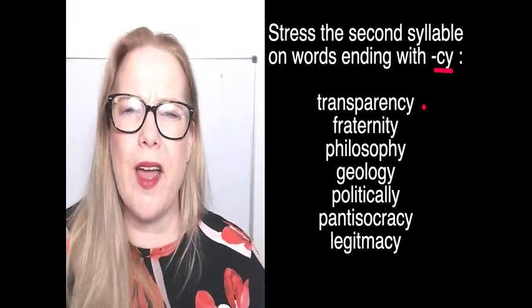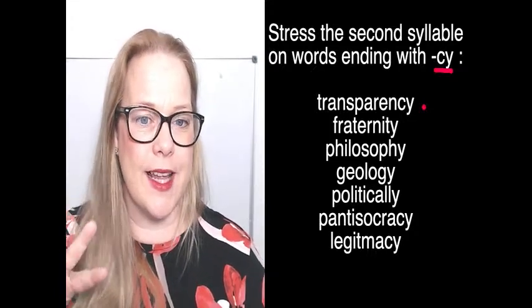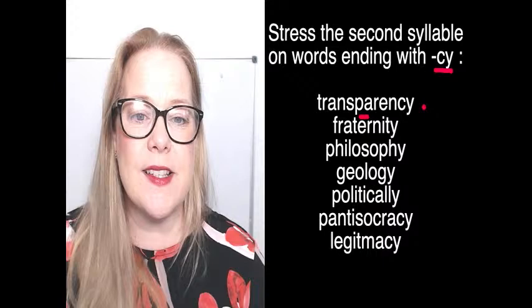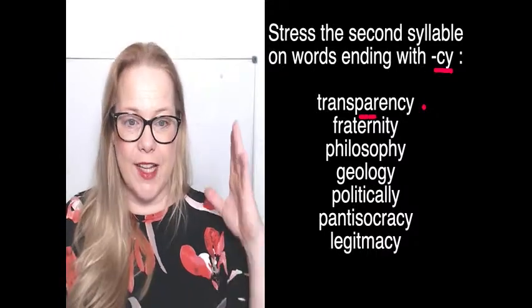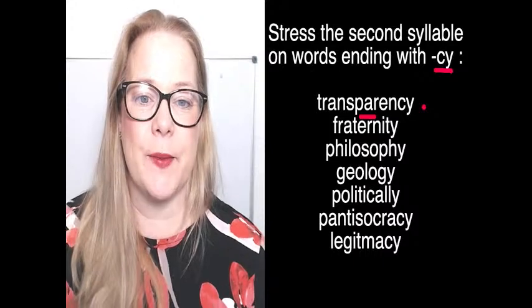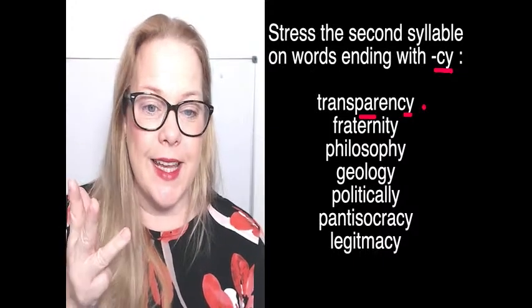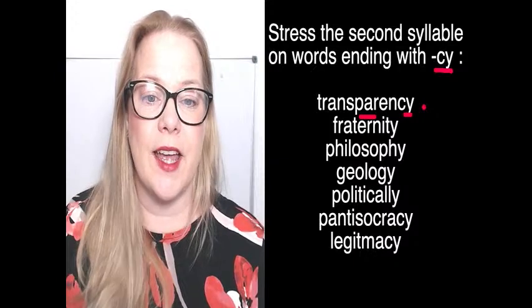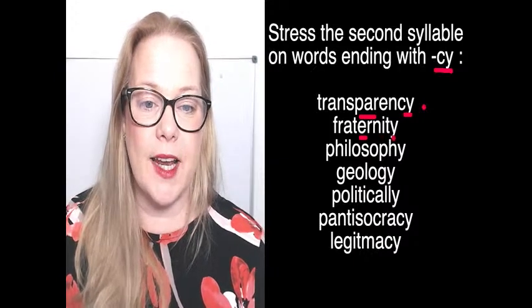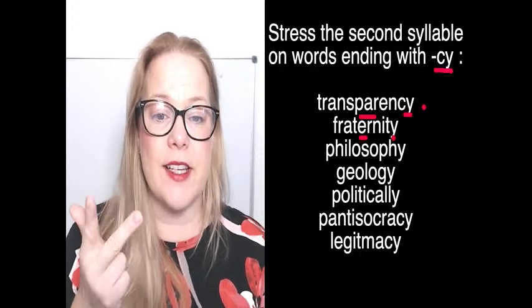Transparency. So where was the word stress there? Transparency. It's here. That's where we focus the word stress, and a little bit here. Fraternity. Again, in the middle, a little bit on the end. Fraternity.